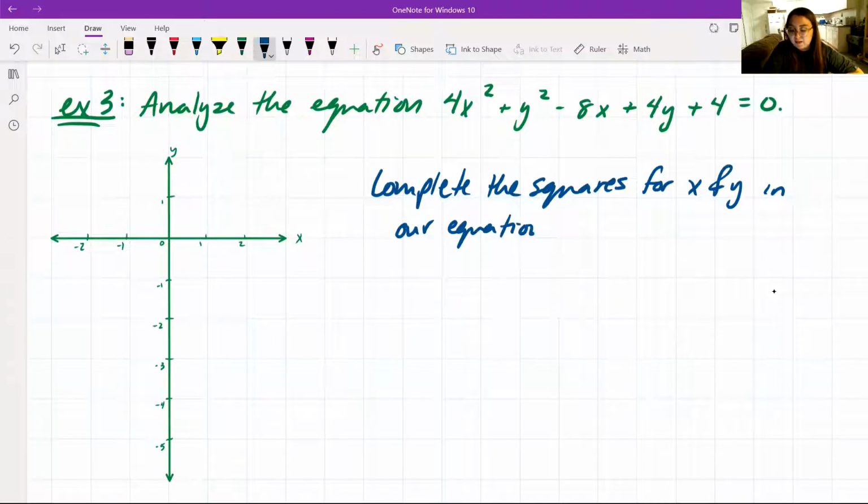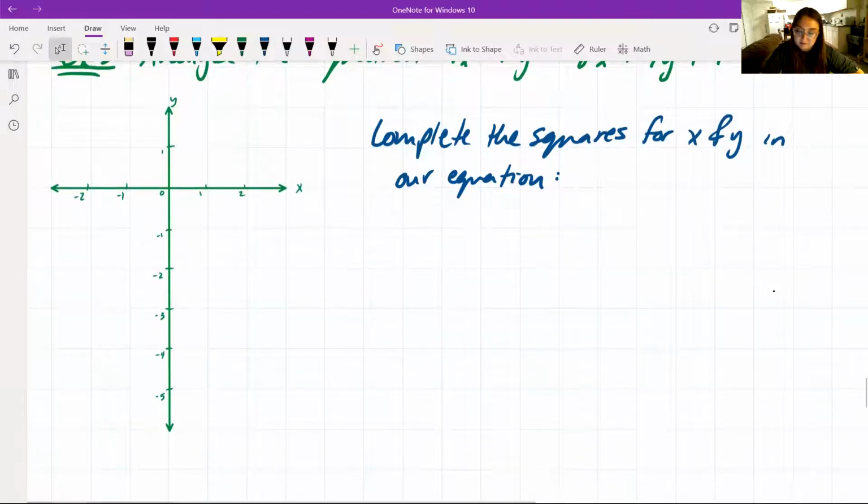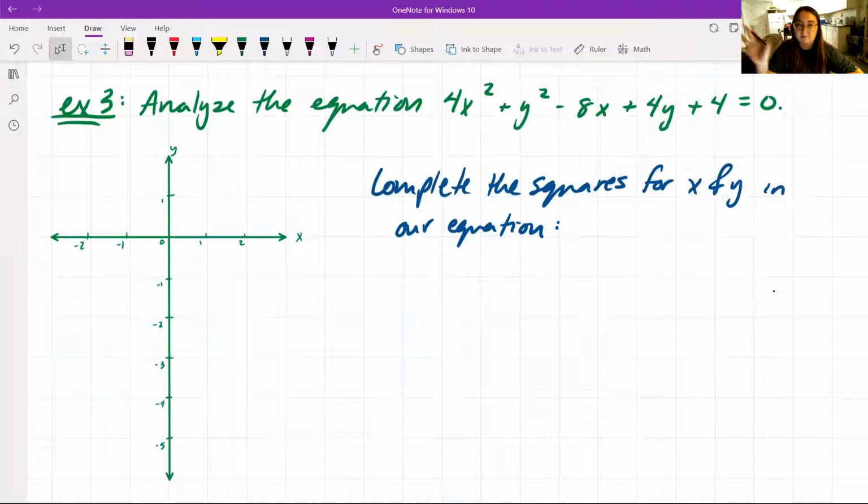When we complete the squares, we know that we're going to take all of our x terms and all of our y terms, and we're going to rewrite them as something like x minus h or y minus k. We can rewrite them in this way if we complete their squares. So first of all, let's put our x terms together and our y terms together.